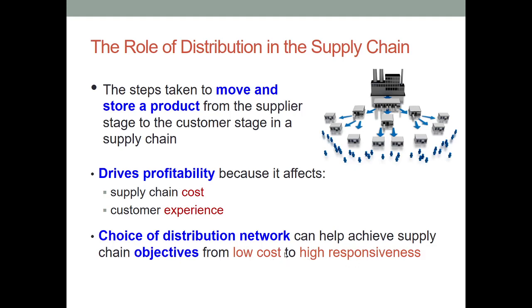Again, here we are going to relate this topic with the previous one, where you have learned about supply chain strategy. If the firm is looking for an efficient or responsive supply chain strategy, it depends on the strategy to make a choice on the distribution network.